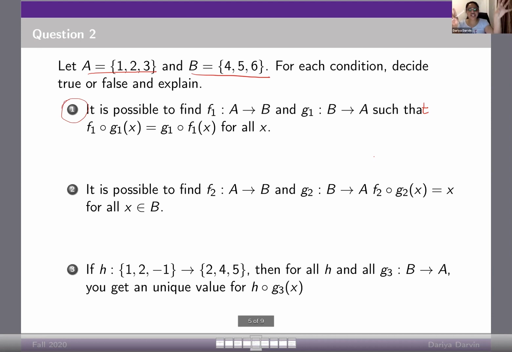So you have two machines, f of g and g of f. They do the same thing to all inputs. Their formula, if you think of it like that, will be the same. Can you find a function like that? If yes, which one? If no, why not?